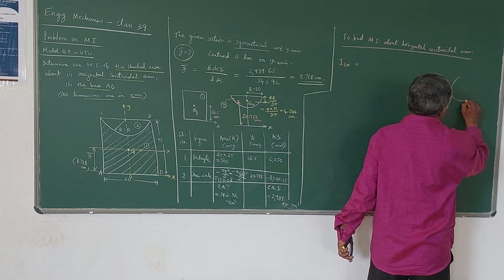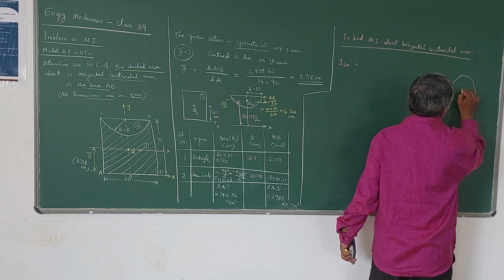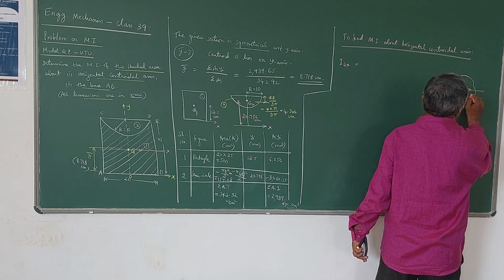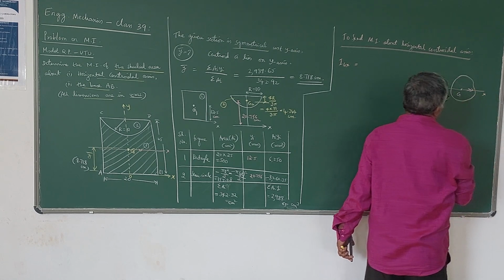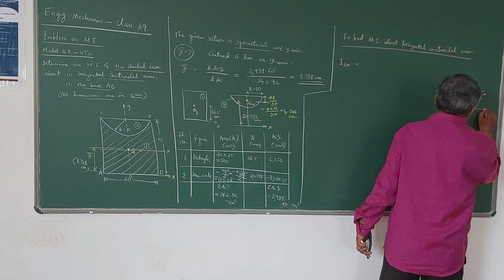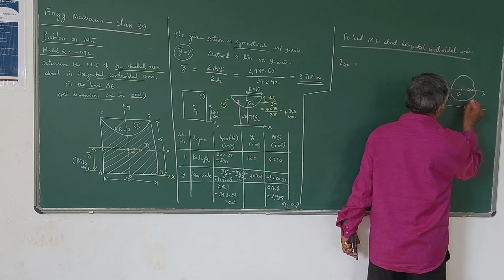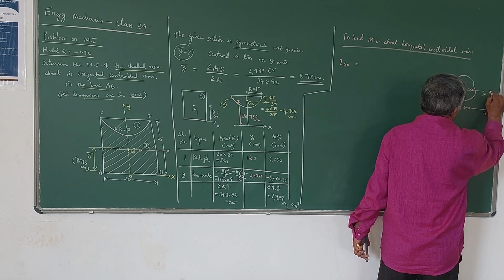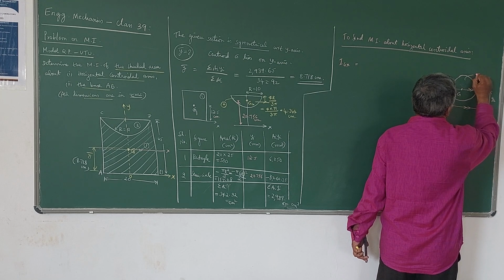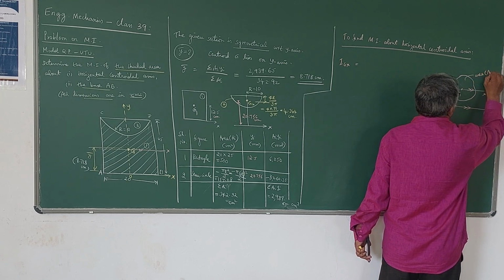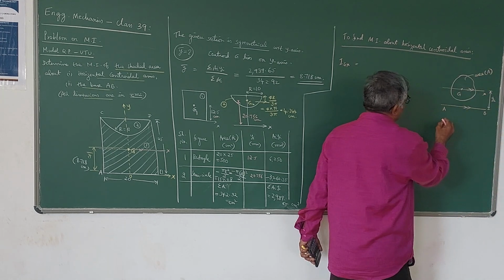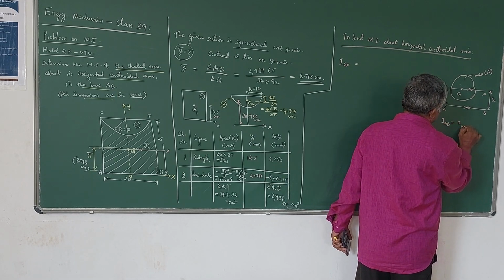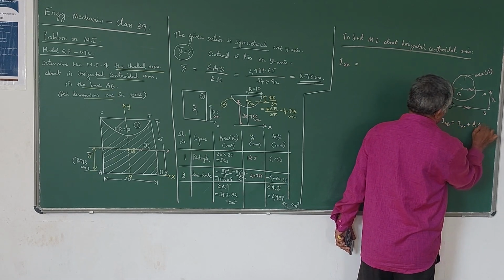If you have an area here, if you have the centroid here for this area, and if you draw a centroidal axis, for example, IGX is the centroidal axis. If you have another axis AB parallel to this axis, separated by distance YC, and if this area is A, then if you know IGX, you can find out IAB using this parallel axis theorem. IAB is IGX plus A into YC square.